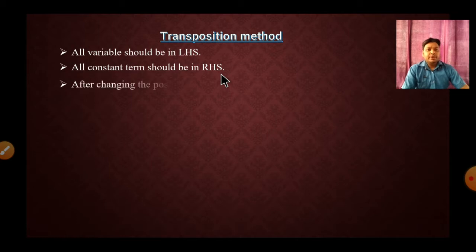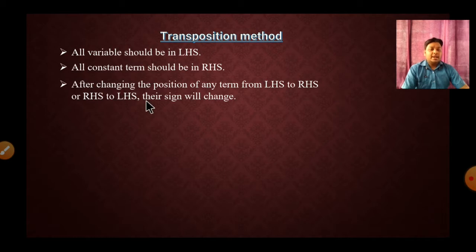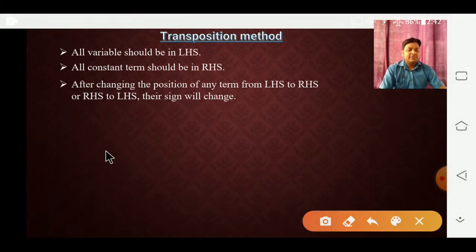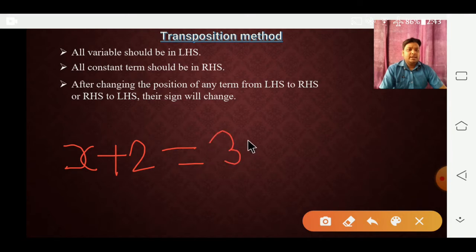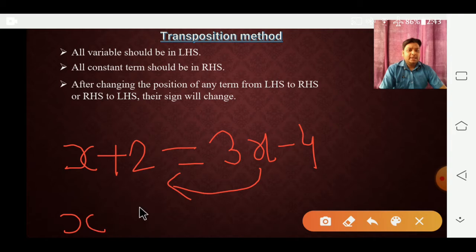Now, after changing the position of any term from LHS to RHS or RHS to LHS, the sign will change. For example, if it is written x plus 2 is equal to 3x minus 4, then because variables should be in LHS, we can write x, and plus 3x will come to this side, so it will be minus 3x.